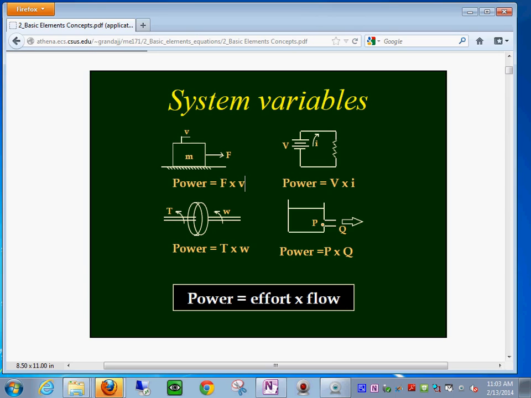That's why you can measure the force in newtons on a mechanical system, but you will measure the voltage in volts on an electrical system.